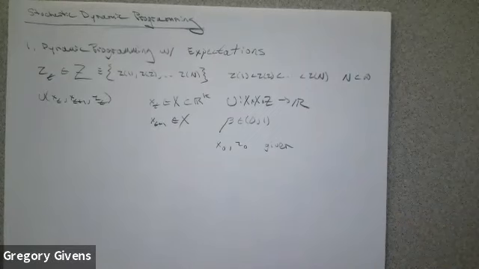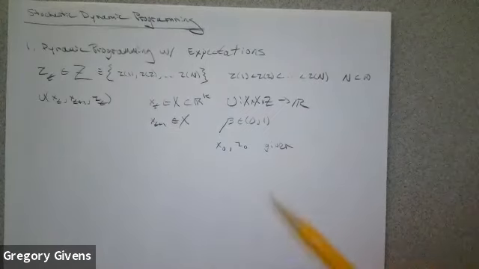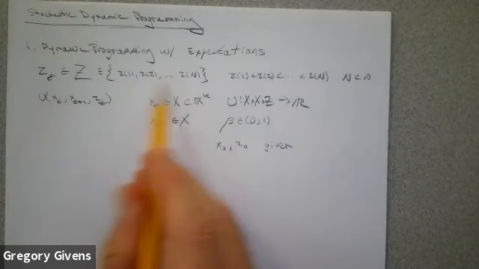What the planner doesn't know is what z1 is going to be, or z2 on out to z infinity. She has to make her decision based on an expectation of what those z's are going to be. So we'll assume that the planner knows the distribution that the z's are drawn from. So that initial z, is that an expected z? No, it's one of these particular z's.